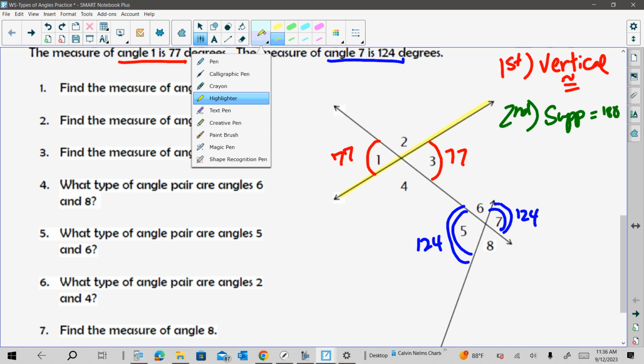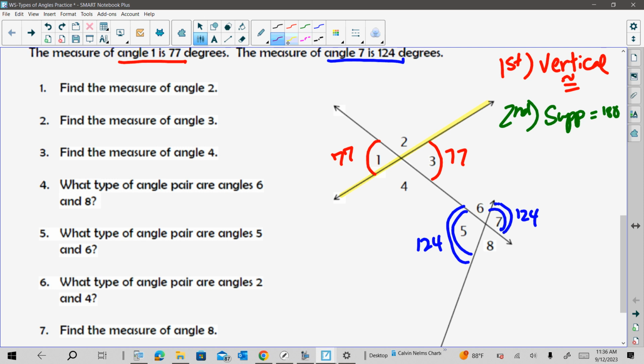Exactly. So I can get my angle 2 here by just doing 180 minus 77. So this is 103. Which also tells me angle 4 is also 103. Good. Just use the vertical. Does that make sense there?